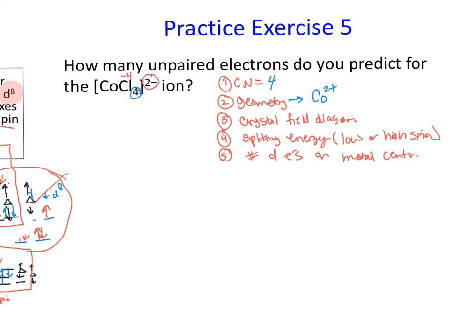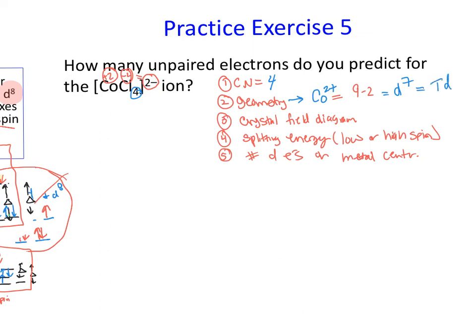I've got a 2- charge on my cobaltate complex ion, which means my cobalt must be +2, because +2 and -4 give us -2. So cobalt 2+, I look at my periodic table and I count across 1, 2, 3, 4, 5, 6, 7, 8, 9, 9 minus 2, d7.